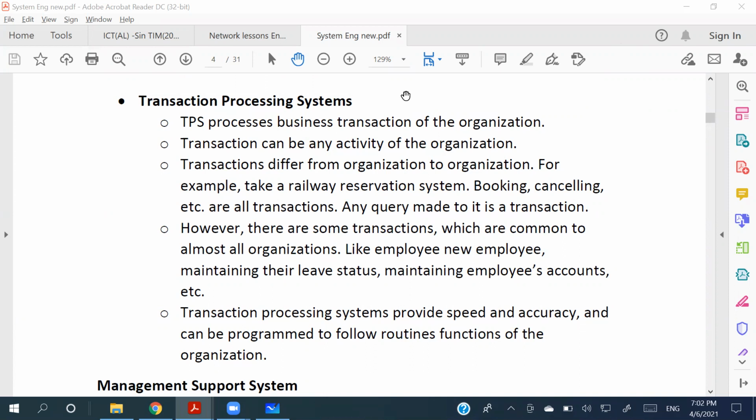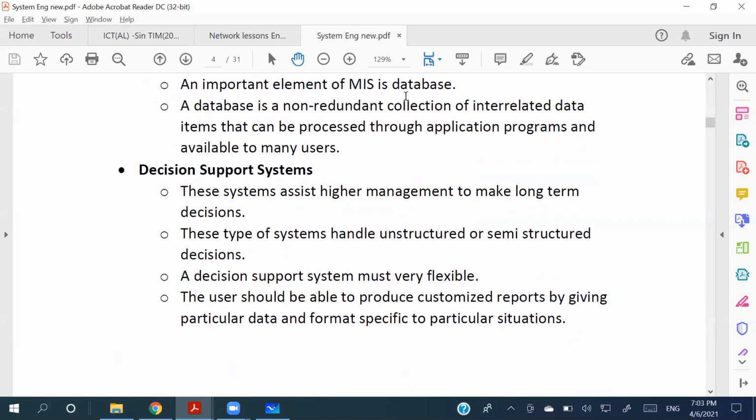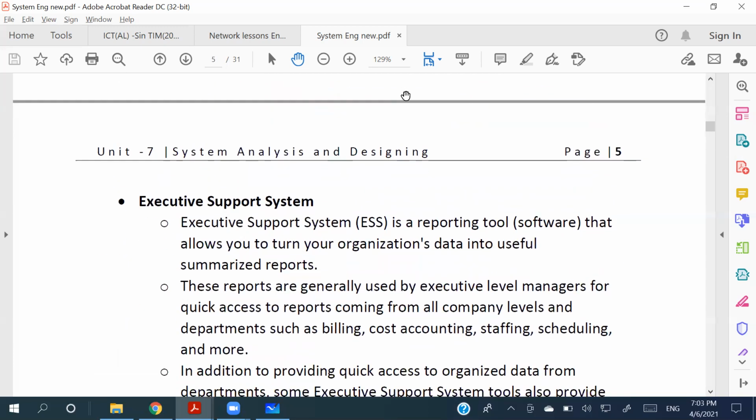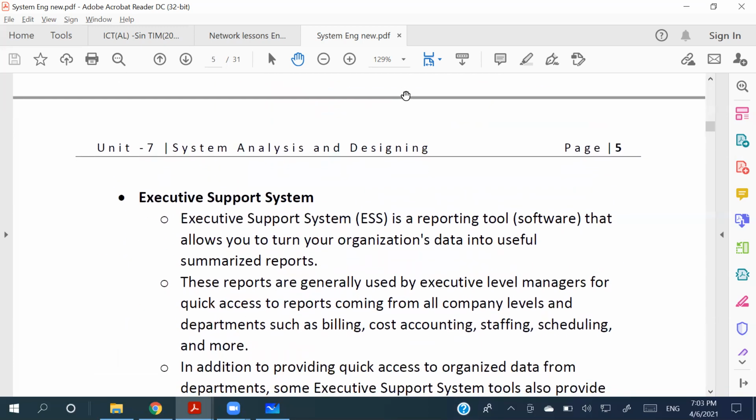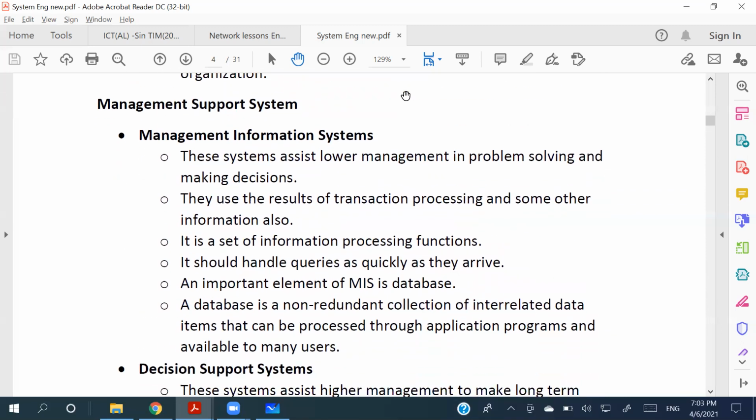Okay. So when it comes to management support systems, this clearly says it is going to support the management. There are three types of systems that we are talking about: MIS, Management Information Systems, Decision Support Systems, which are DSS, and Executive Support Systems, which are ESS. We talk about them briefly, but these are huge systems.